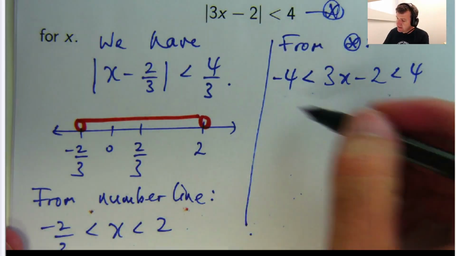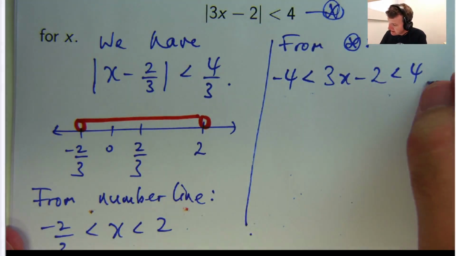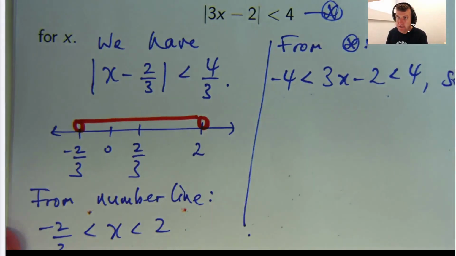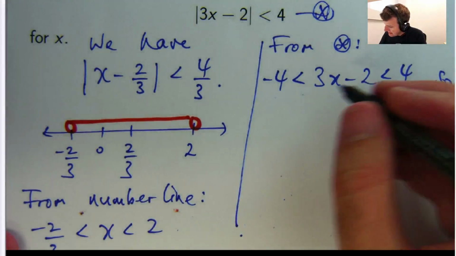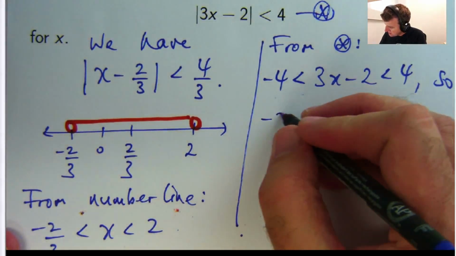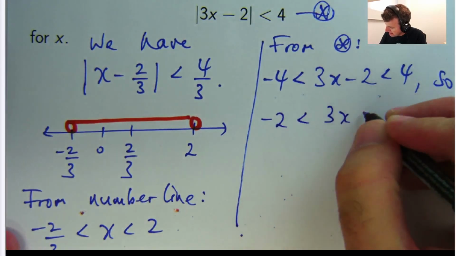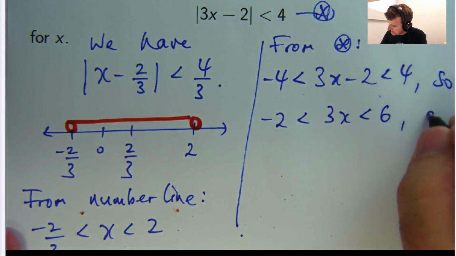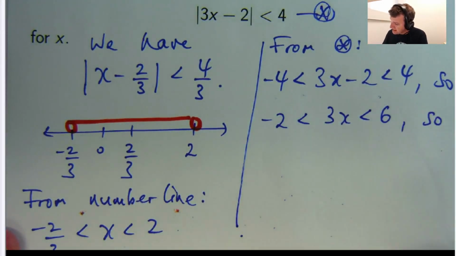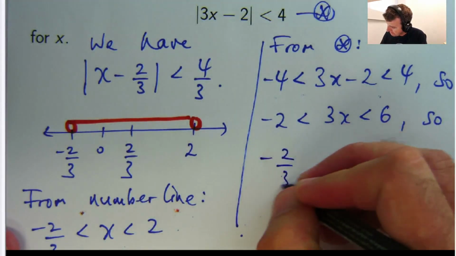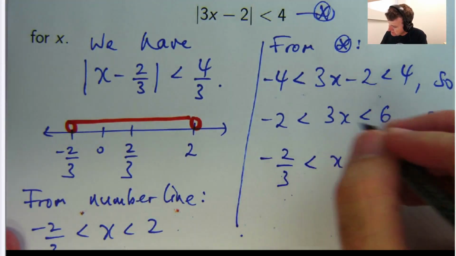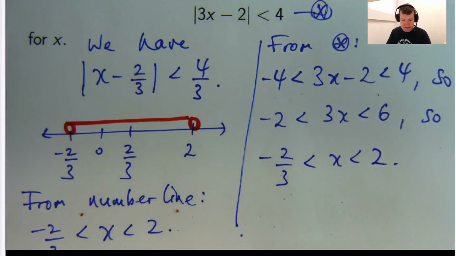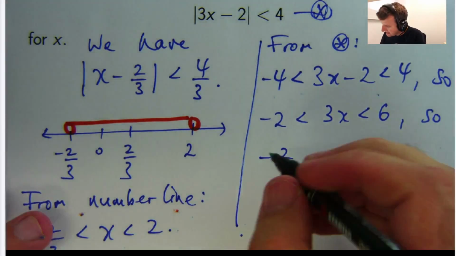Now let's make x the subject. So add 2 to both sides. So that'll become negative 2 there and 6 there. So divide everything by 3. So I'll get 2 over here. All right, fantastic.